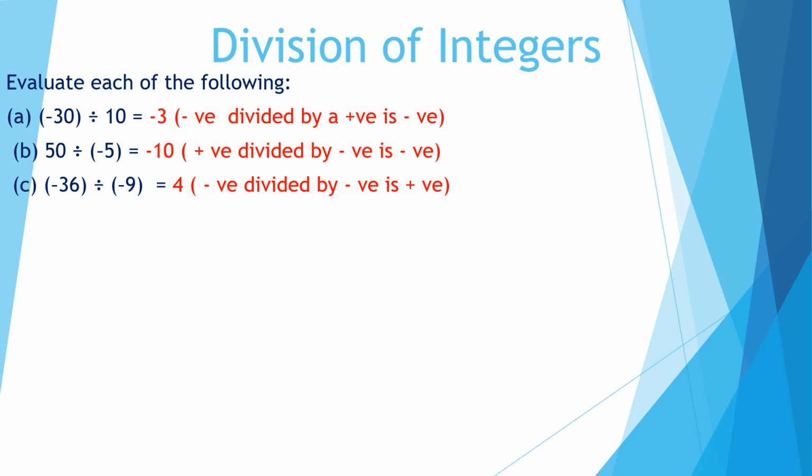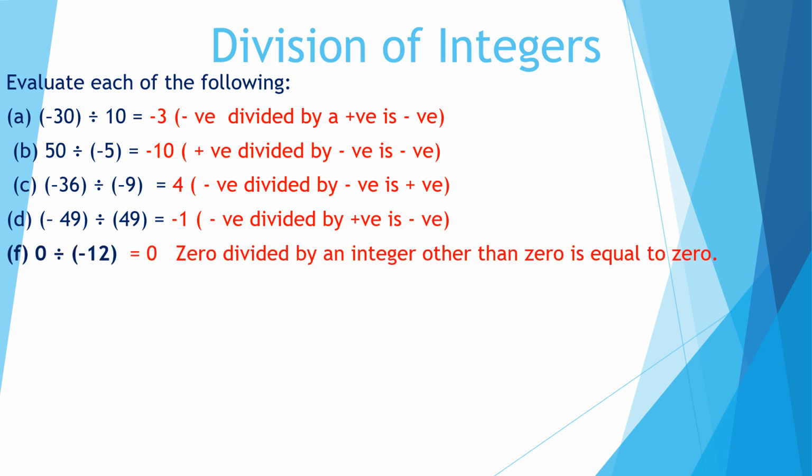Dividing a negative integer with a negative integer, we get plus 4. Minus 49 divided by 49, we will get negative 1. A negative integer divided by a positive integer gives a negative integer. Now 0 divided by minus 12. Now 0 divided by an integer other than 0 is equal to 0.